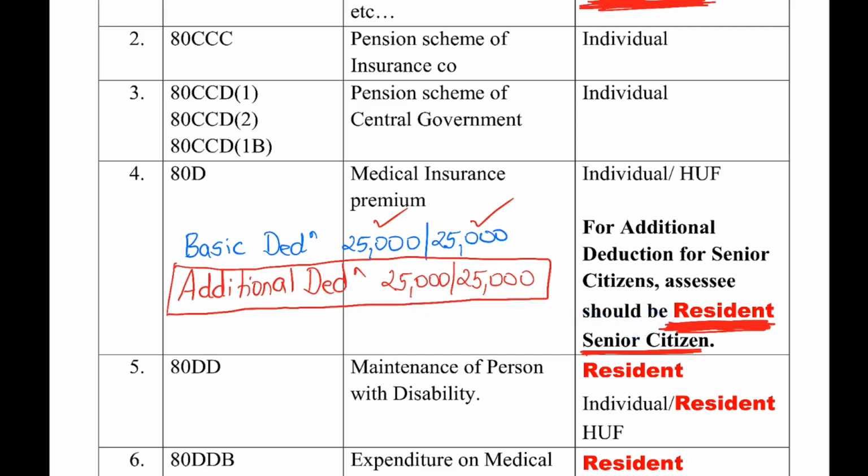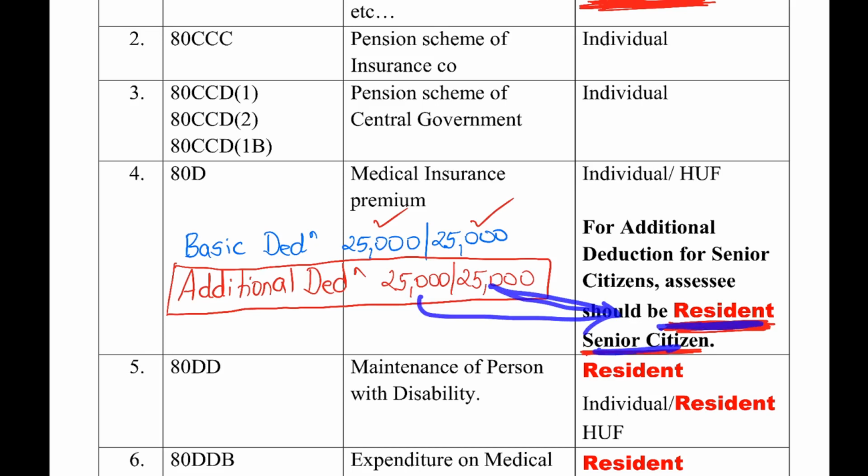So this is a very important point. They might give you that parents, either father or mother, was a resident senior citizen or a non-resident senior citizen, and some 30,000, 40,000 premium was paid. So you have to take care that only if the person is a resident senior citizen, he is eligible for the extra 25,000 deduction.